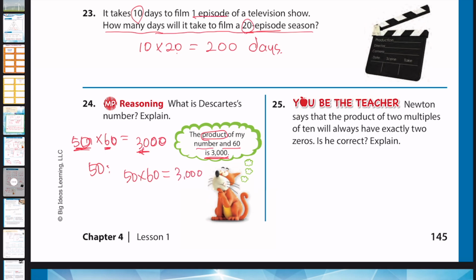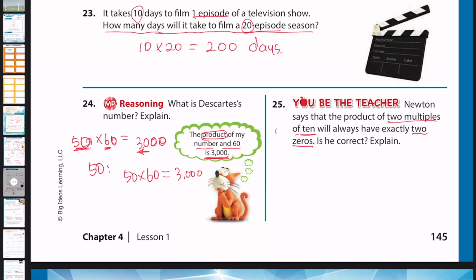That's it. Now 25. Newton says that the product of two multiples of 10 will always have exactly two zeros. Is it correct? No, we just did it, right? Number 24.